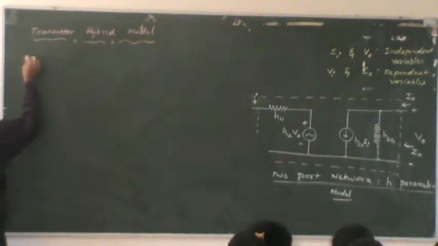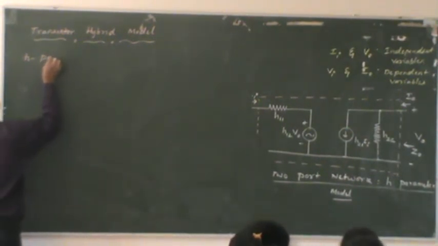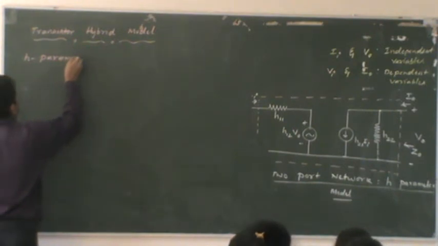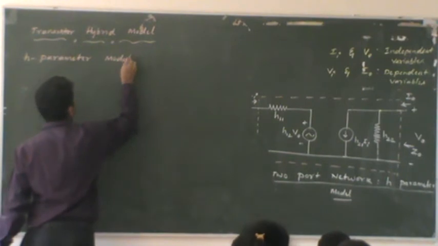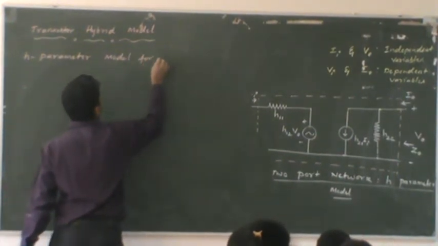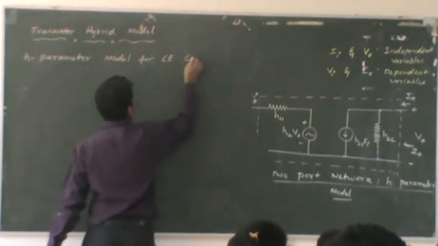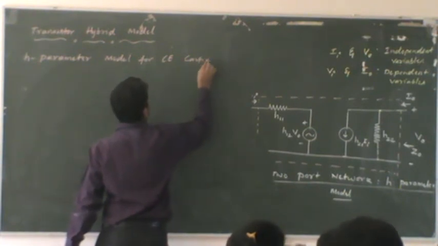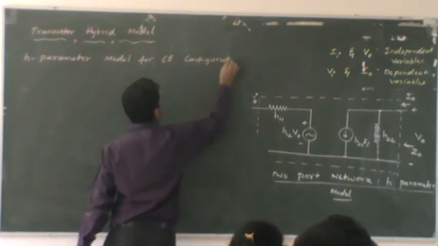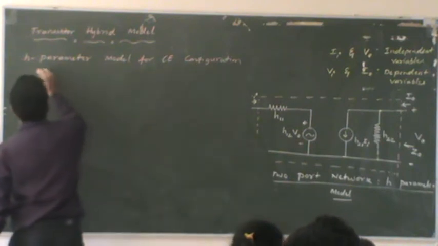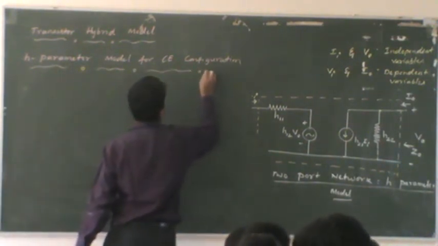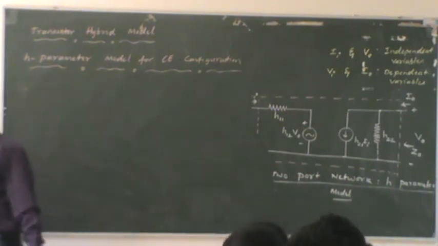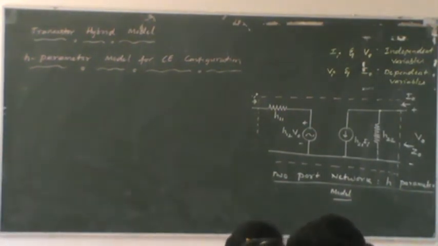Under this, you can take up a title as H-parameter model for common emitter configuration. We need to develop the H-parameter model for all three configurations. First, we'll start with the H-parameter model for common emitter configuration.